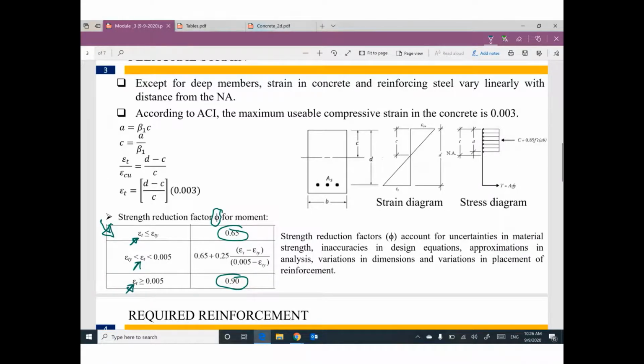How can I figure out the strain in steel reinforcement? Okay. The cross section, as I told you, has something called the neutral axis.